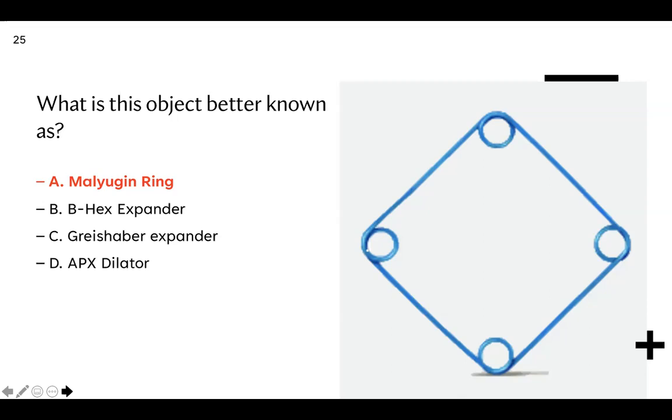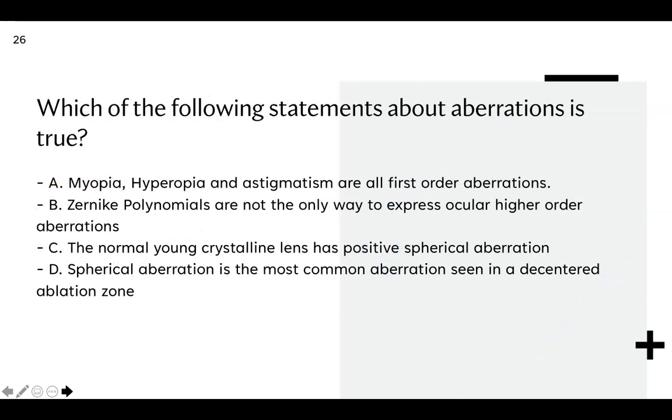Question number 26. I would want the timer for this question to be started after we finish the options, since the options are long. Which of the following statements about aberrations is true? A, myopia, hypermetropia, and astigmatism all are first order aberrations.